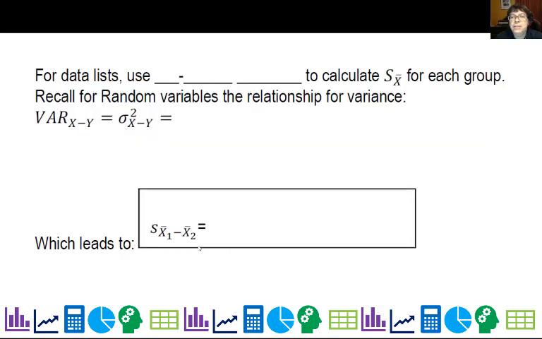All right. So if you have a data list, just to let you know, you could run 1-Var Stats to get your s and x-bar for each group. But usually, honestly, if you're calculating this by hand, they probably gave it to you for each group. Now, we're going to revisit how to calculate the sum of two variances. Remember that variances add.